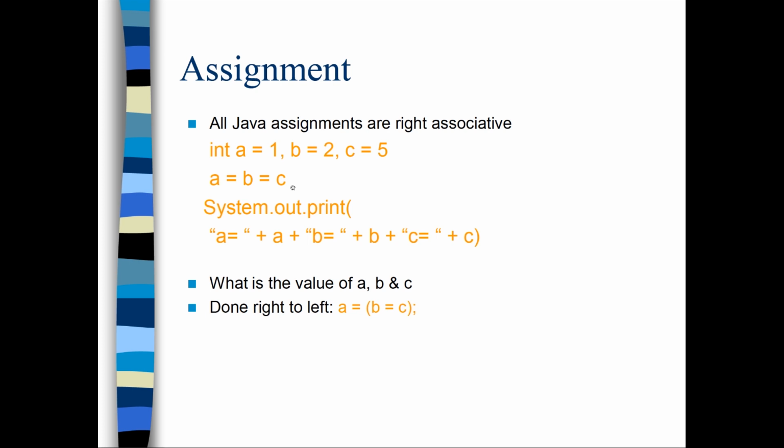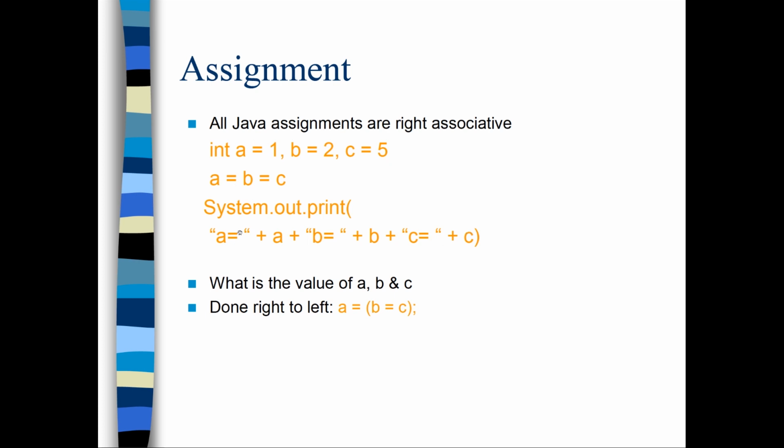So in this case, the assignments are always right associative. So the value of c, that is 5, will be stored into b and it will get overridden from 2. And now b contains 5 and 5 will get assigned to a, whereas a initially contains 1, now it gets overridden with b. So when you just print those outputs, what you would have expected is the values of a, b, and c to be separate.